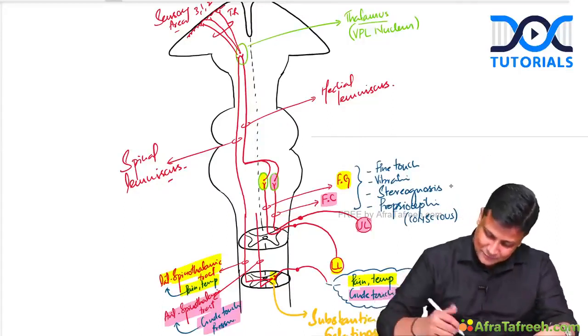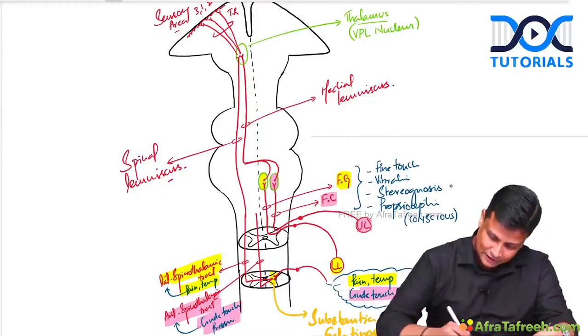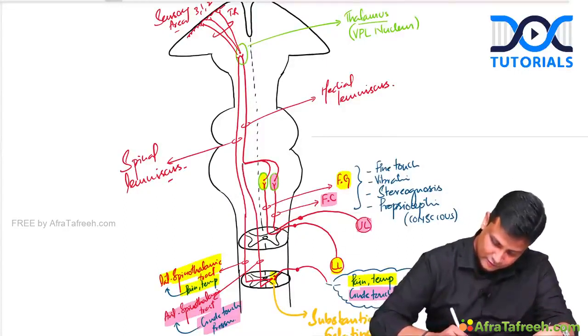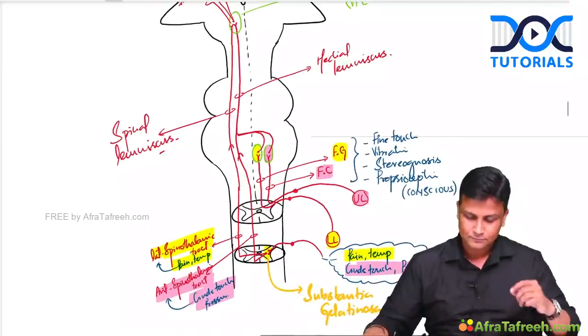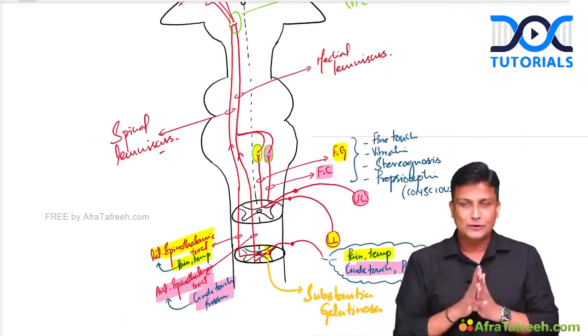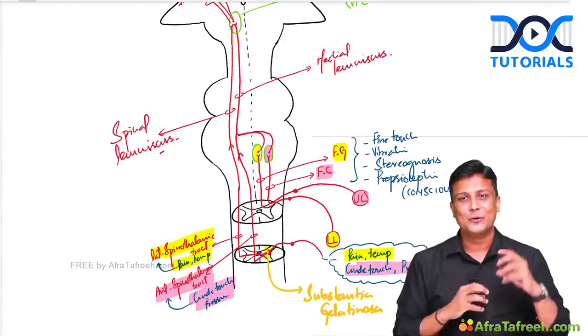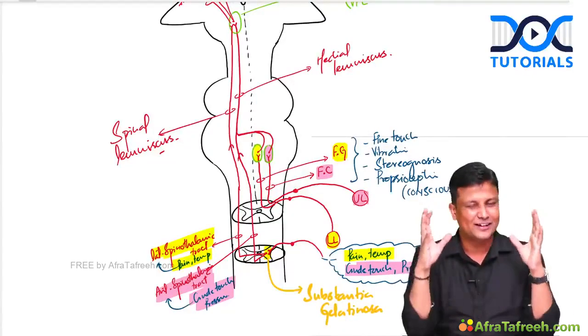Whereas the anterior spinothalamic tract will actually just go and join with the medial lemniscus. I hope it is crystal clear. Anterior spinothalamic tract will actually go and join with the medial lemniscus. I hope it is very clear, guys.